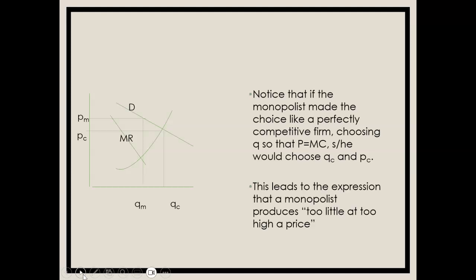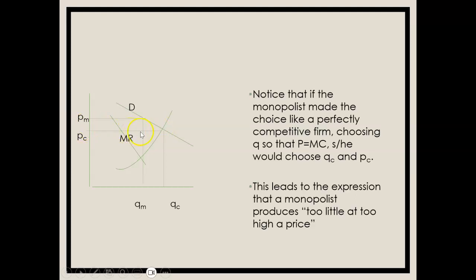Notice something important here. If the monopolist had made the choice like a perfectly competitive firm, choosing its quantity so that price equals marginal cost, the monopolist would choose the point QC. That's the point where you take your marginal cost curve: where does price equal marginal cost? Well, you get that from the intersection of the marginal cost curve and the demand curve.